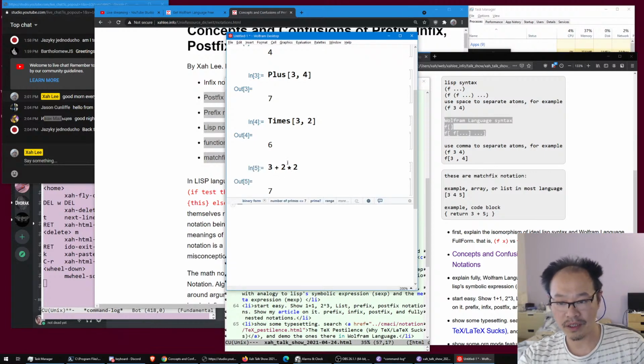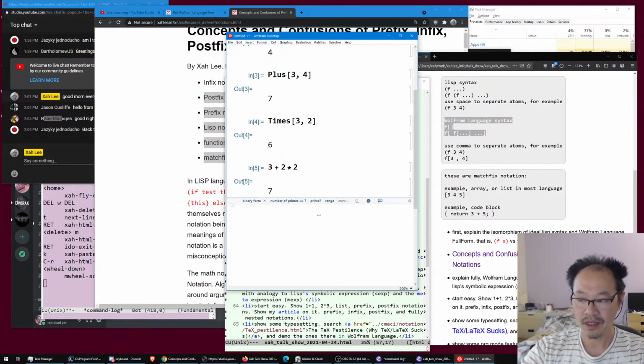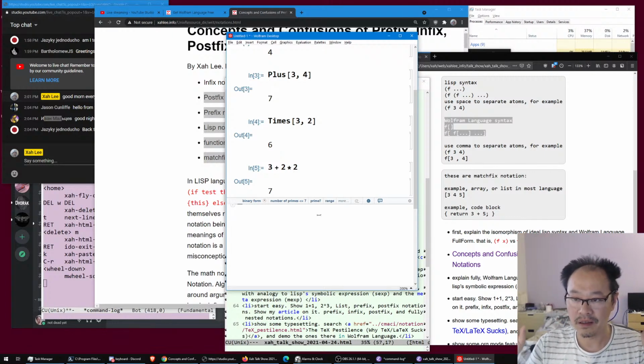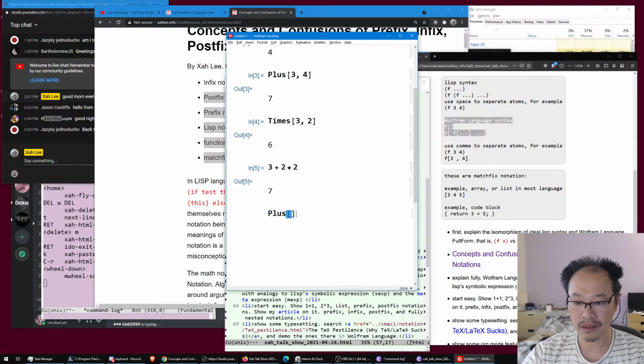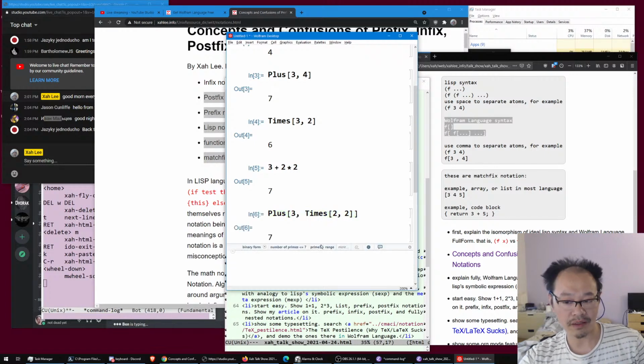So 3 plus 2 times 2 is 7. Now, what is the Mathematica nested syntax for that? That is easy. Let me show you. Plus 3, actually, you can imagine what it is, right? Plus 3, then nested, okay? Then Times 2 and 2, okay?